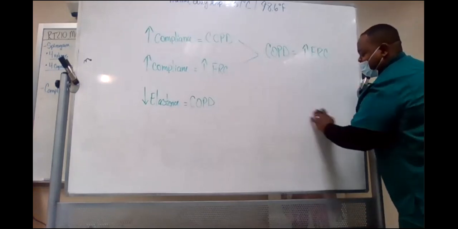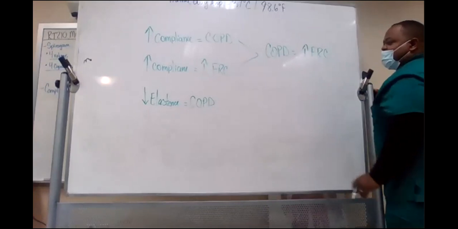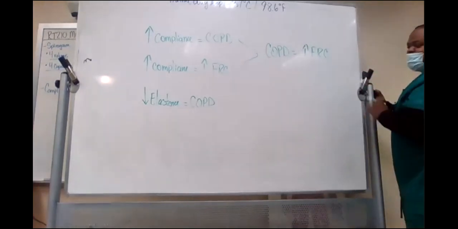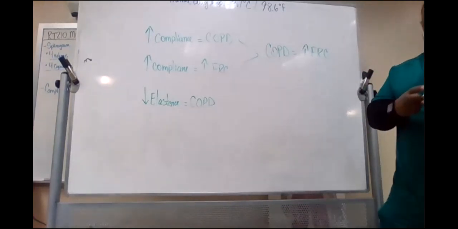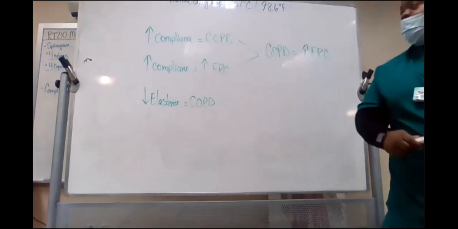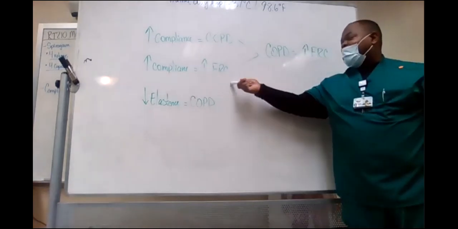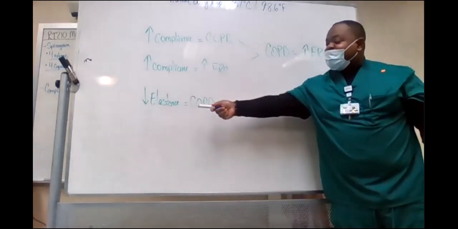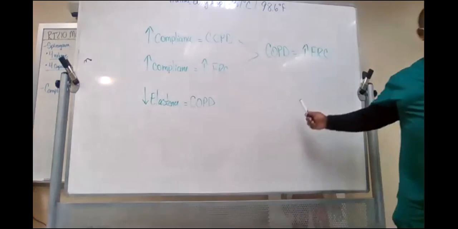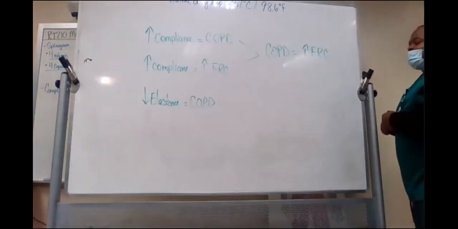One statement. Knowing what you know: a high compliance is COPD, a high compliance is high FRC, and a decrease in elastance equals COPD. So what's the whole thing I can say?